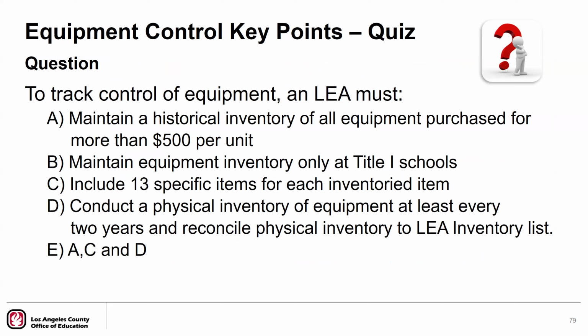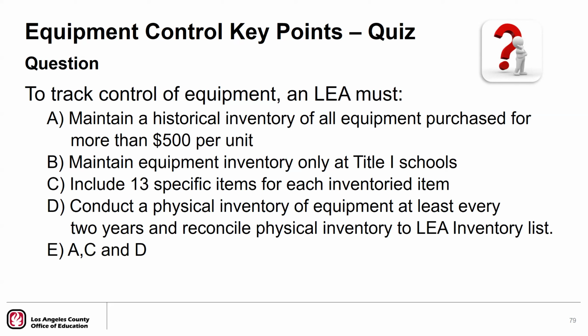Take a moment to read the question as I share it with you. To track control of equipment, an LEA must A, maintain a historical inventory of all equipment purchased for more than $500 per unit. B, maintain equipment inventory only at Title I schools.